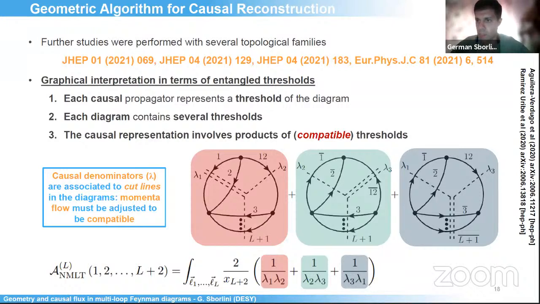And the loop tree duality managed to select a subset of these configurations that is non-degenerate. This is something that, for instance, has been discussed in a paper by William Torres, where essentially he developed all-loop formulas to obtain this causal representation for the loop tree duality.